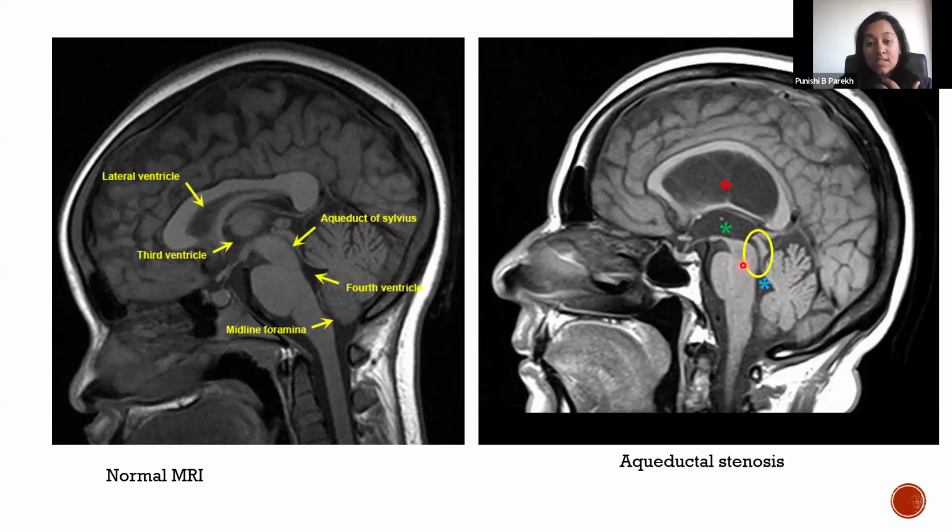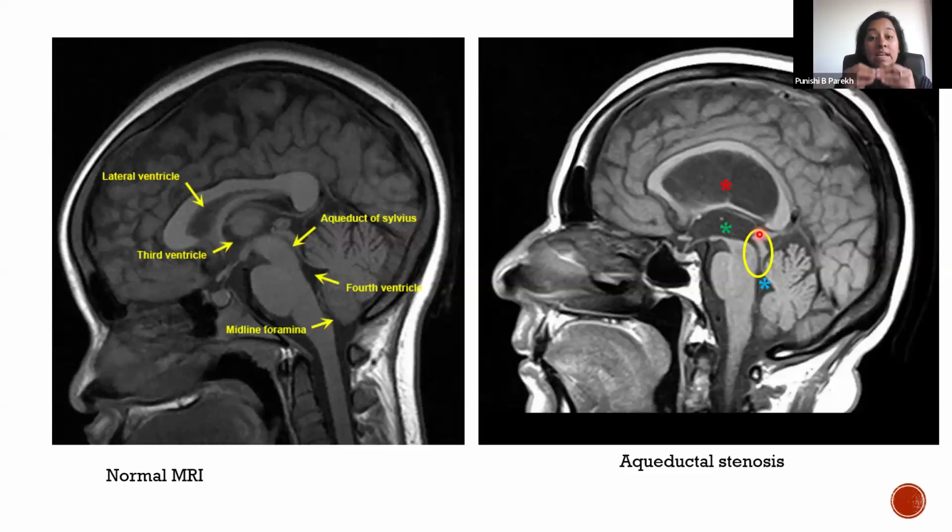There is stenosis in the aqueductus sylvii, which is causing an obstruction to the flow of CSF, resulting in accumulation of CSF causing dilatation of the proximal two ventricles, the lateral and the third ventricle. But the fourth ventricle looks normal. So this is a comparison of what a normal versus a hydrocephalus MRI looks like.